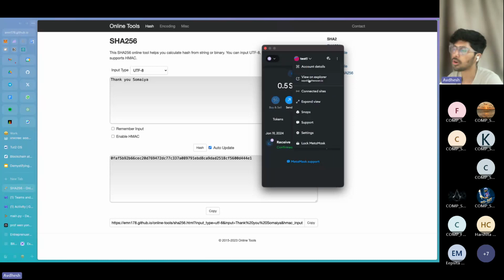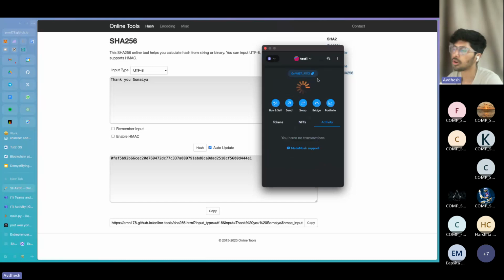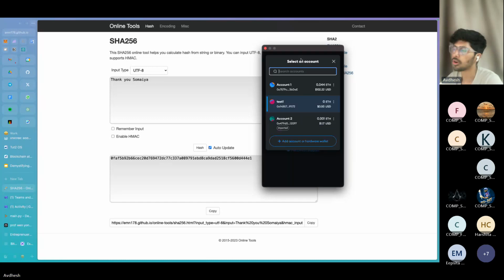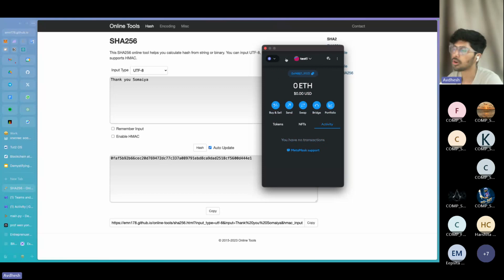I'll change the network. So this is what it means to have a public key. I can send this to anyone on the internet, and they can send me Ethereum or US dollars or any asset that is on a blockchain. So this is what a public key is.